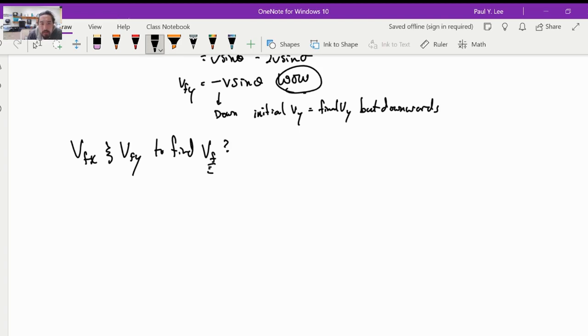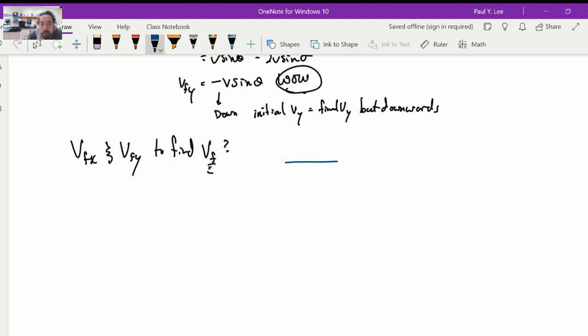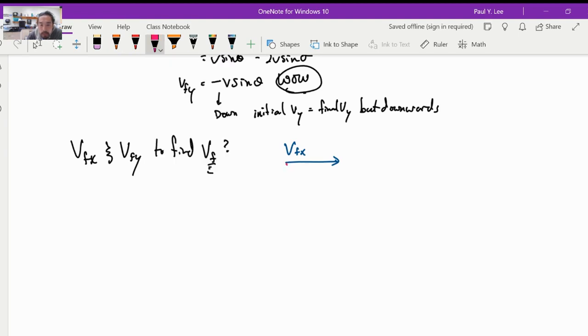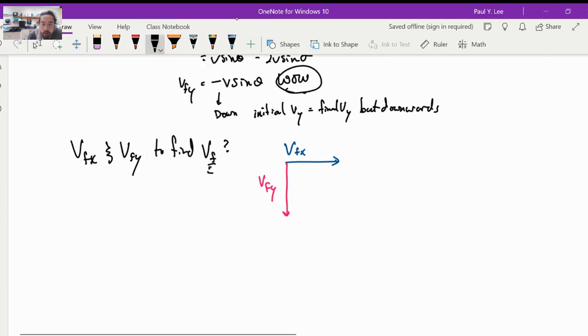So vfx is the x component of the landing velocity, which goes forward like this. So that's vfx. And our vfy is like this, like so. That's vfy. Now, these two vectors are important because if we add the two vectors together, we have an object that's going right and an object that is going down. We know that our v final should represent this. So our v final is both going right and downwards.